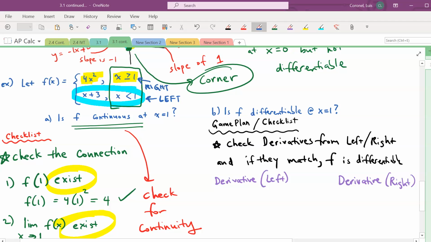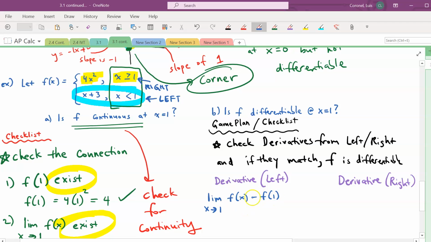So from the left, if I need to find the derivative, we're going to use that limiting process. Do you remember that? The limit as x approaches 1. And the formula is f of x minus f of 1 over x minus 1.